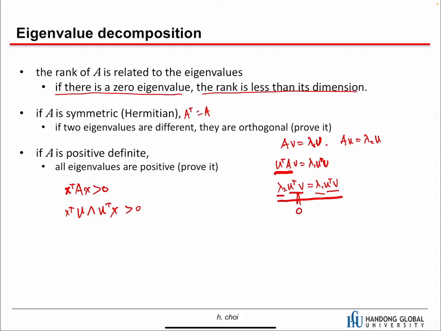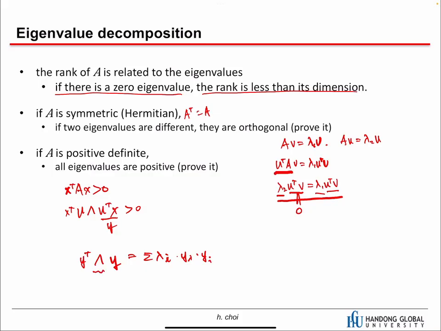Then we can think of U transpose x as y. Then we have y transpose lambda y. In this case, we can rewrite this equation as the sum of lambda i times yi times yi, because this is a diagonal matrix.